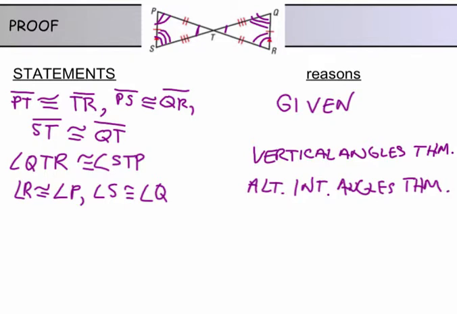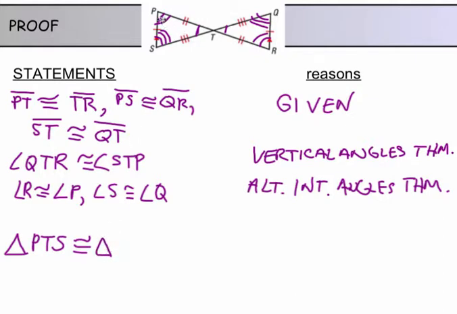So now I have proven that all three of the sides are congruent and all three of the angles are congruent. So now I'm going to write my proof, the congruent statement of the triangles. Triangle PTS is congruent to triangle. Now again, we got to make sure that we name this right.